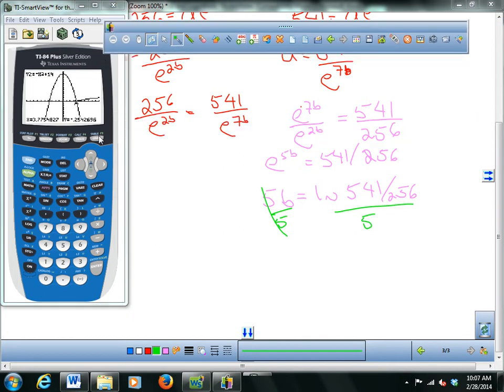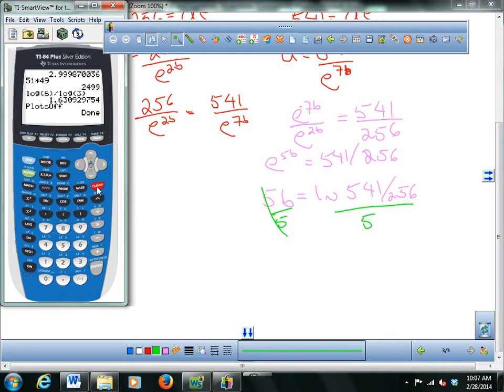What I would do second is clear. Take this value, natural log of 541 divided by 256.